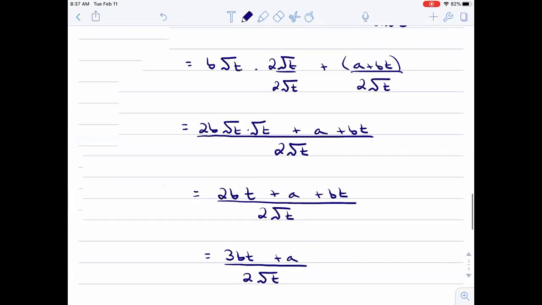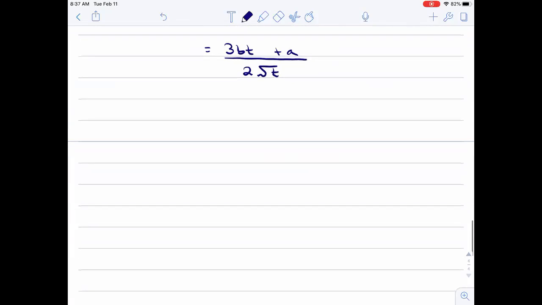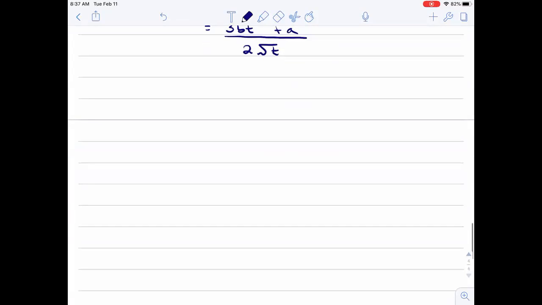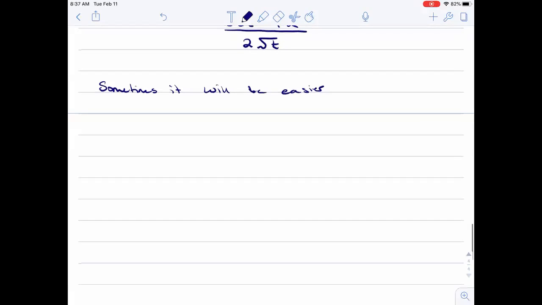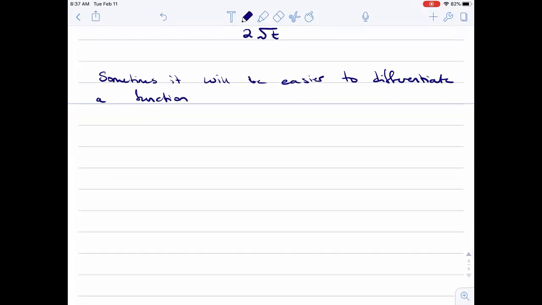And so in our case, sometimes it will be easier to differentiate a function if we manipulate it first.